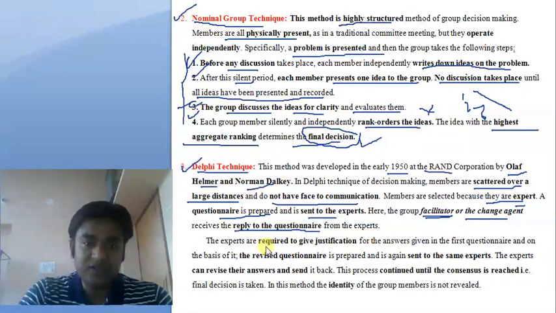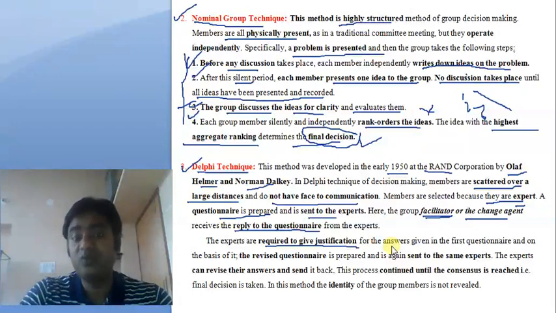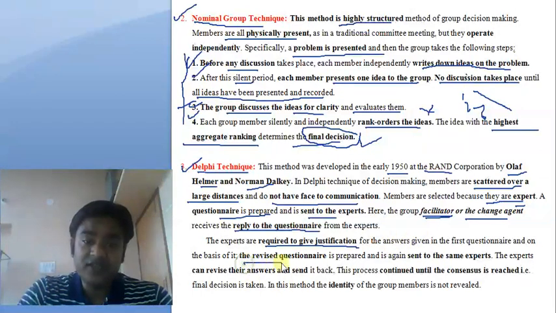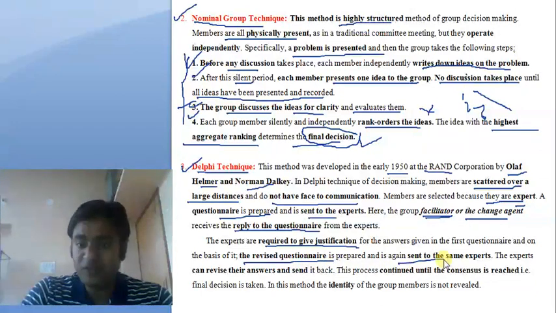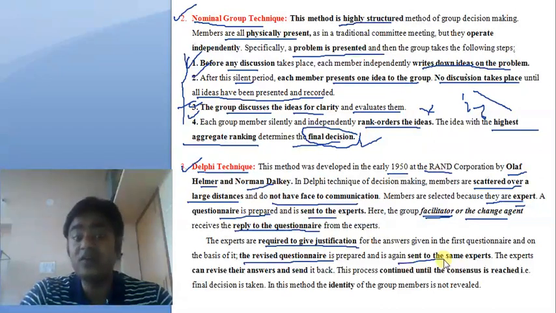Experts are required to give justification for why they have given that particular answer. Then a revised questionnaire is prepared and sent again to the same experts, and they can revise their answers and send them back.